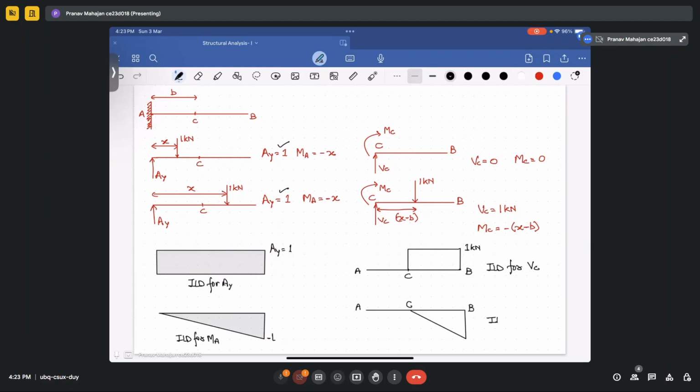So this will be ILD for MC. Okay. So this is how you will draw the ILD for different sections when it is subjected to a point load. Later on you will see that you will draw the ILD not only for a point load but also for a UDL. How you have calculated the values, you will see in the coming slides.